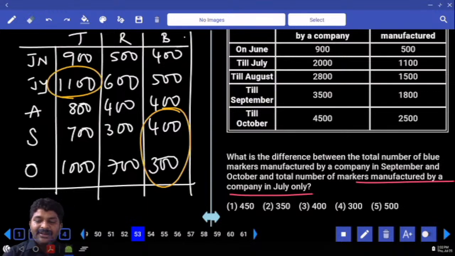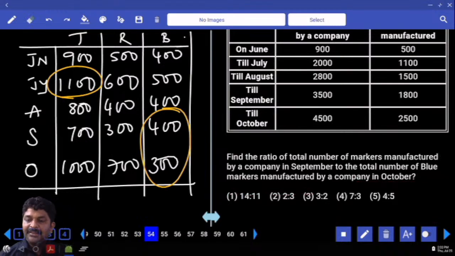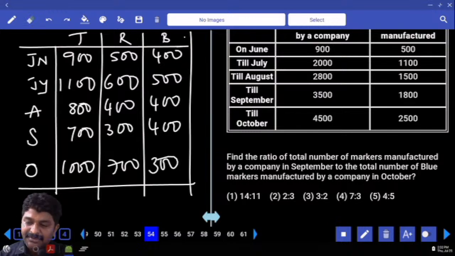So difference between 1100 and 700, 400. Find the ratio of total number of markers manufactured by a company in September to the total number of blue markers manufactured by company in October. September total 700. Ratio between this number and blue in October. Blue in October 300. 7:3 only.